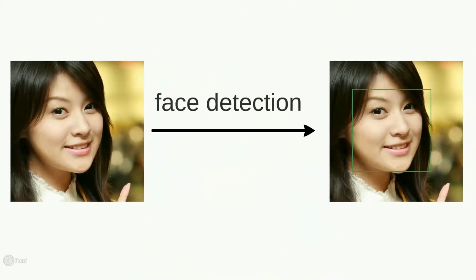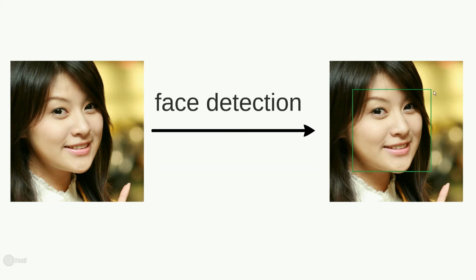So first we're given an image in the testing stage, and we are trying to find the shape, the landmarks on this image. The first step is to do face detection. After face detection, we get a rectangle of the human face, like this.